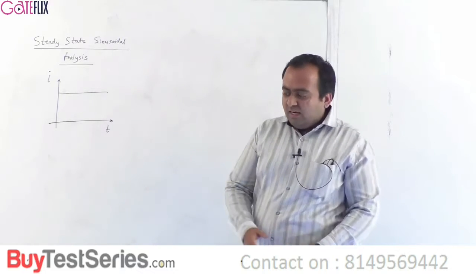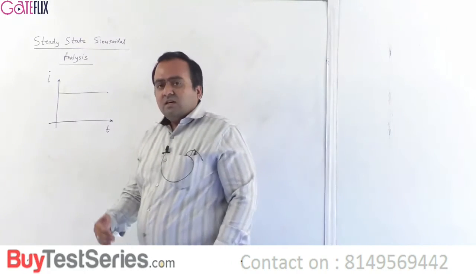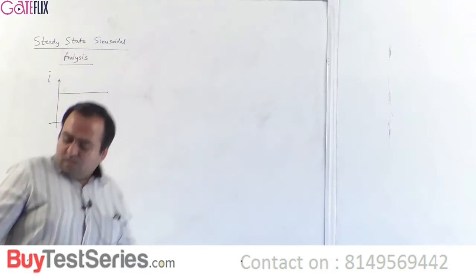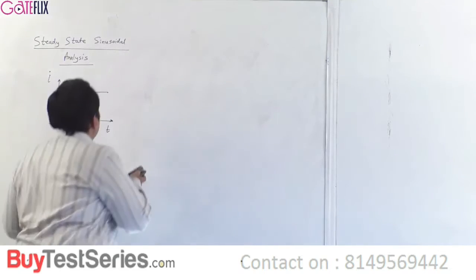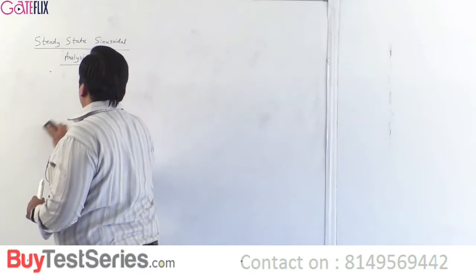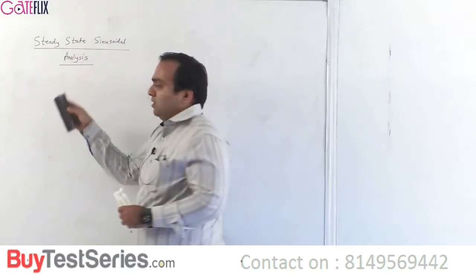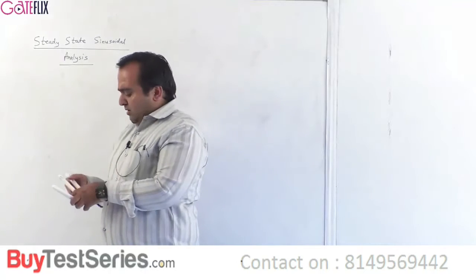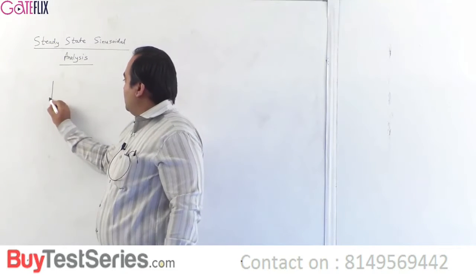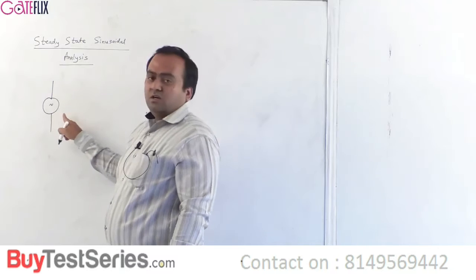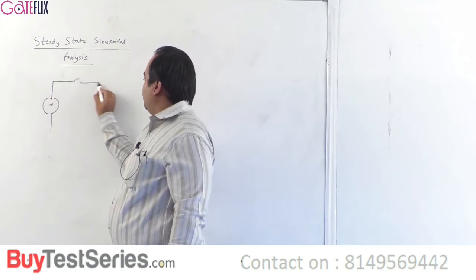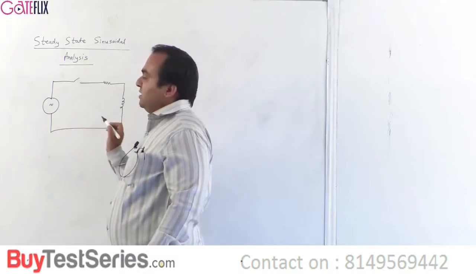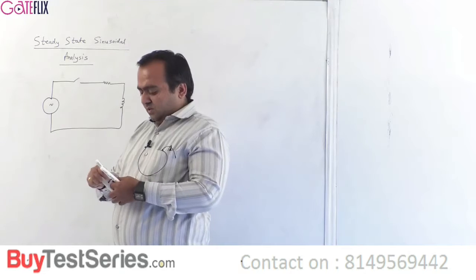Alright, so let us first understand the basics of the sinusoidal analysis. See, we have this word steady state coming here. Now say we have a sinusoidal voltage source and it is to be switched across this series RL combination.